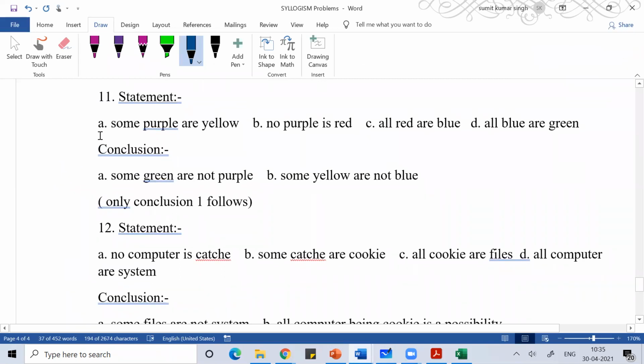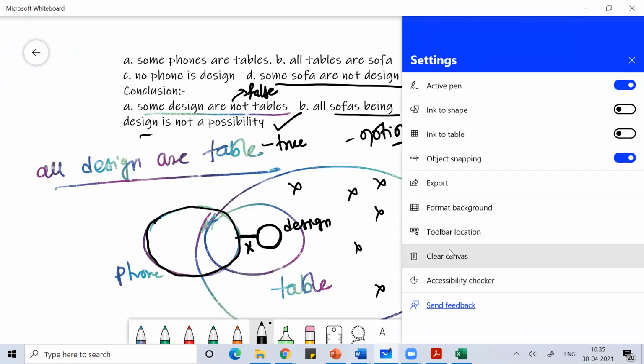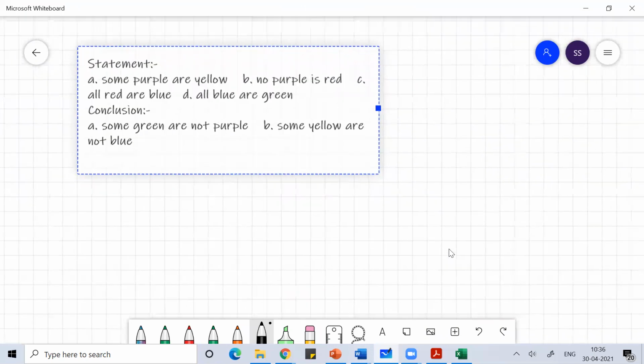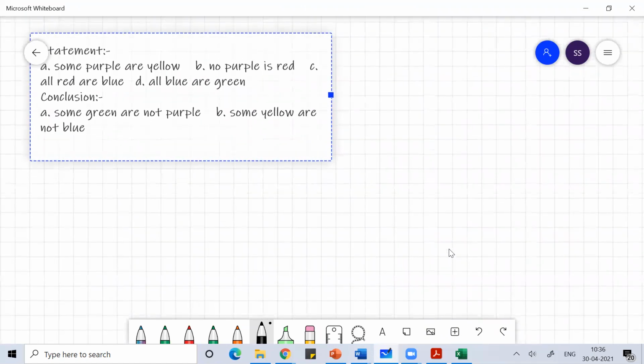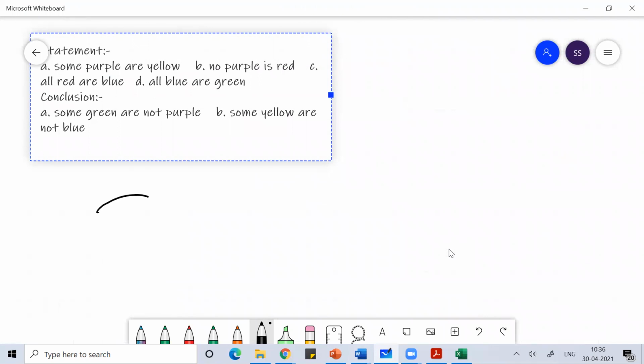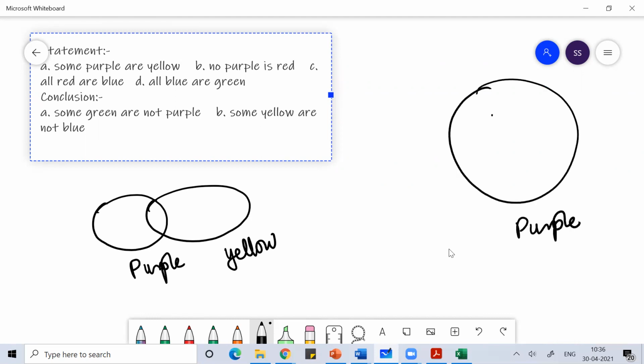Now you can read the next part. The statements given to you: some purple are yellow.